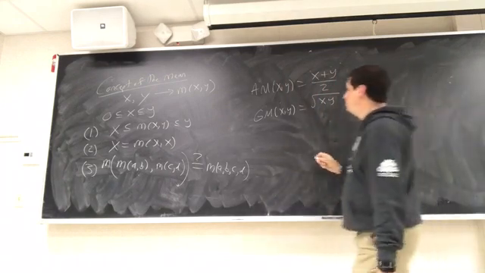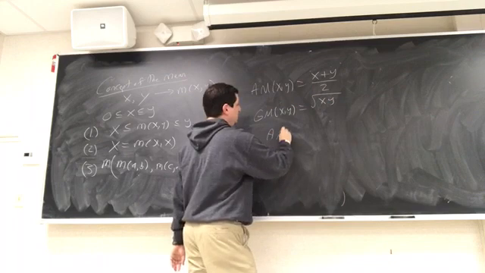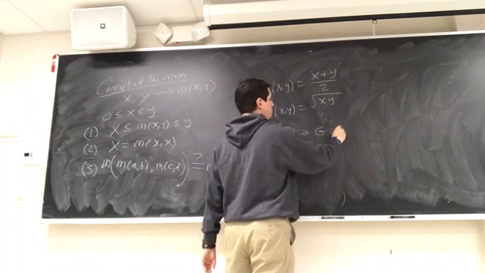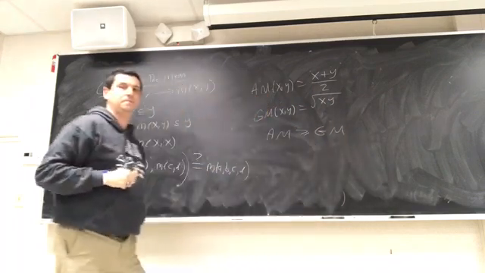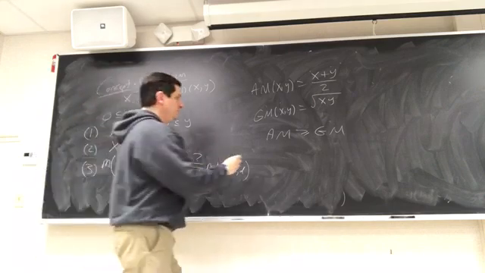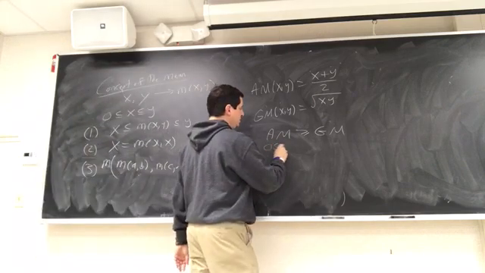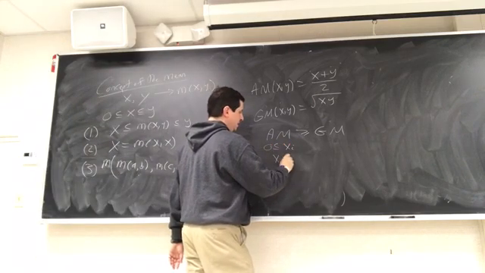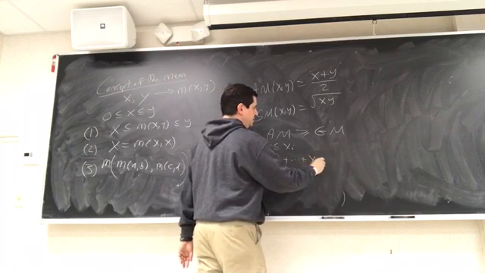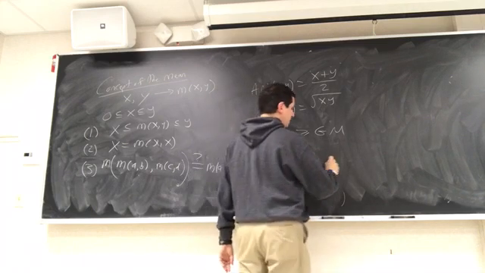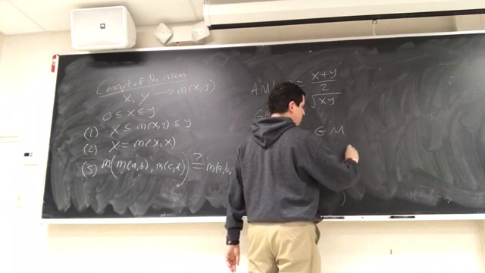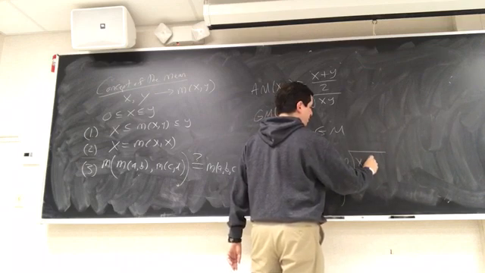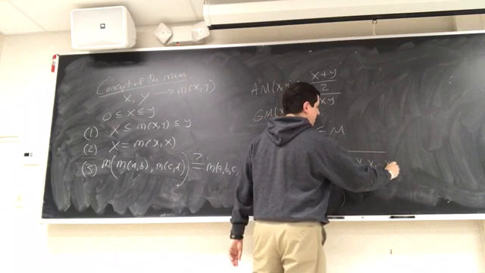And it turns out the arithmetic mean is always greater than or equal to the geometric mean. More generally, if you assume 0 ≤ x_i, then (x1 + ... + xn)/n is always greater than or equal to the nth root of x1 x2 ... xn.